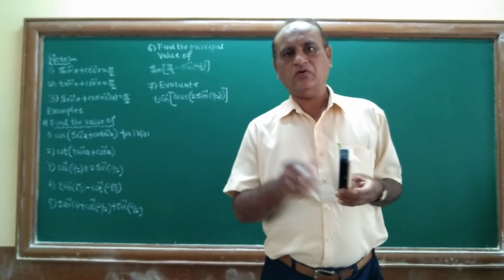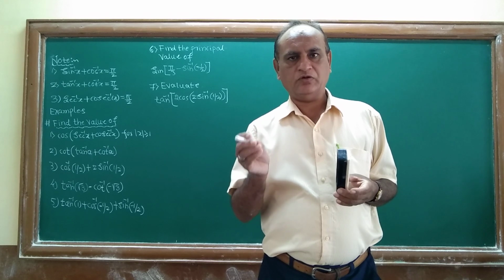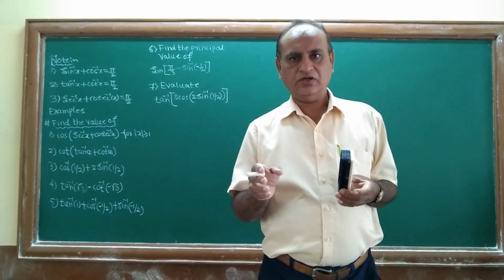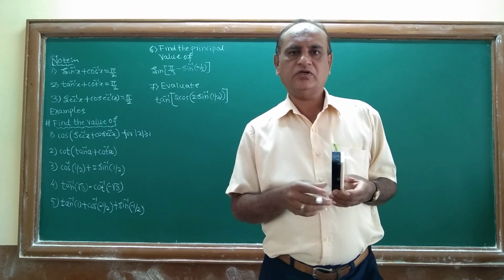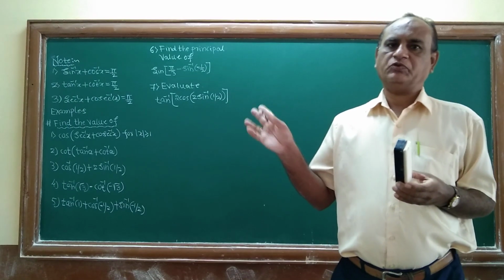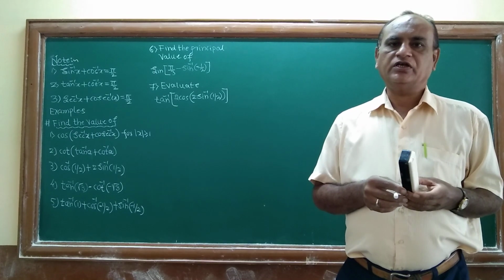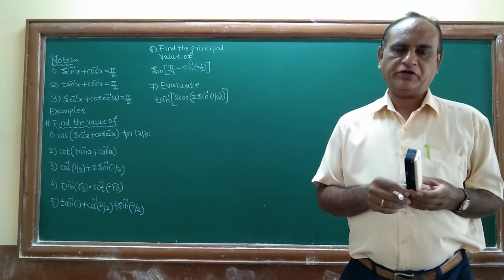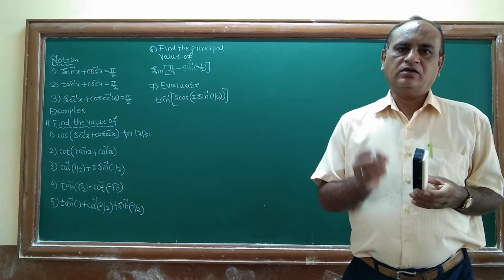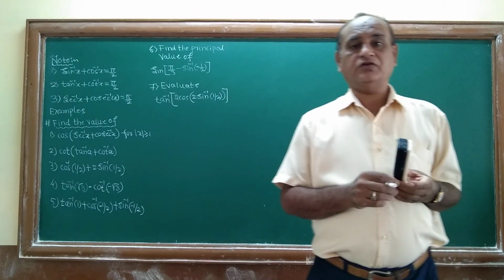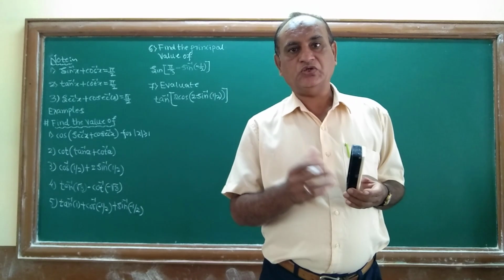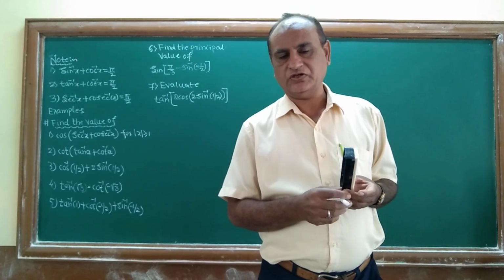Already you know note number 1, note number 2, note number 3, note number 4, and the last one is note number 5. In the fifth note, there is a beautiful relation between the two inverse trigonometric functions.